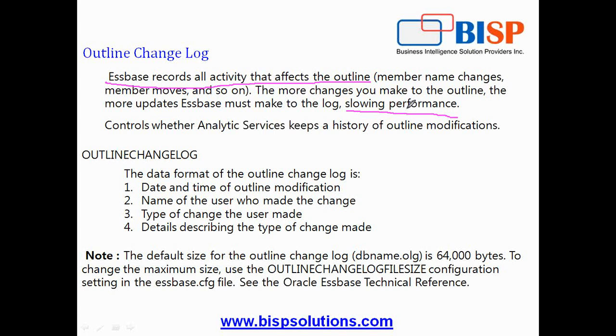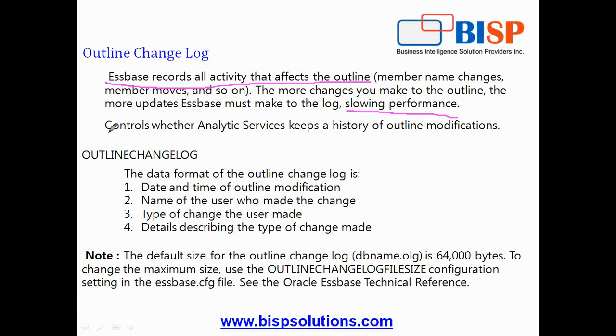Weigh the advantage of keeping track of changes in the Essbase outline versus the performance impact, and once you identify when you really need outline change auditing information to be captured, you enable these properties.